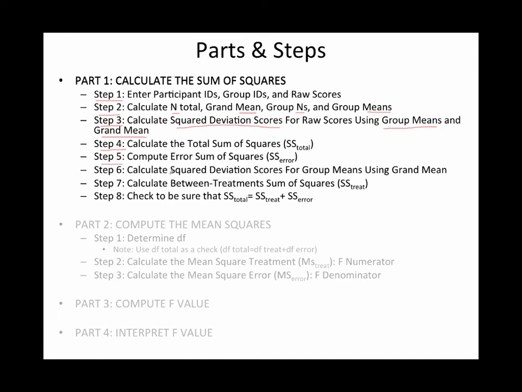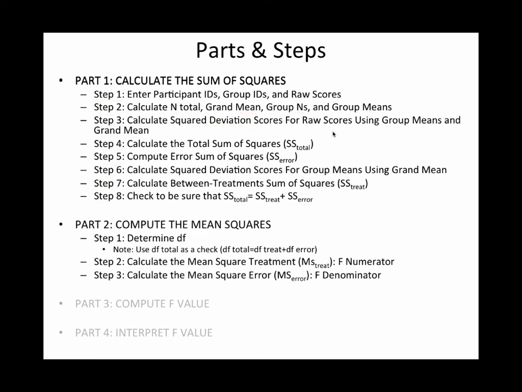Step 5, we'll compute the error sum of squares. Then step 6, we're going to be calculating square deviation scores between the group means and comparing the group means against the grand mean. Step 7, we'll have all the information we need to compute the between treatments sum of squares. And then the last step, number 8, will be a mathematical check to make sure that our two sums of squares for the treatment and the error equal the sums of square for the total.